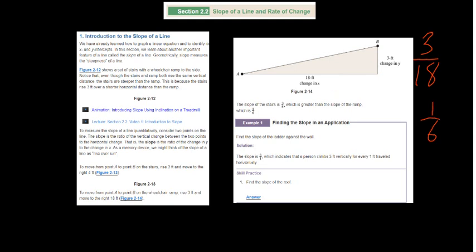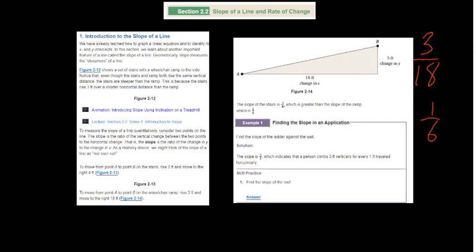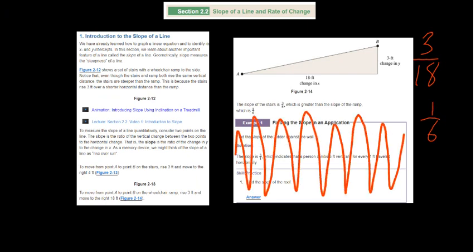In this particular example, we found the slope of a ladder against a wall. Is there anything else to that? We don't see a ladder anywhere, so with that said, we're going to skip that.